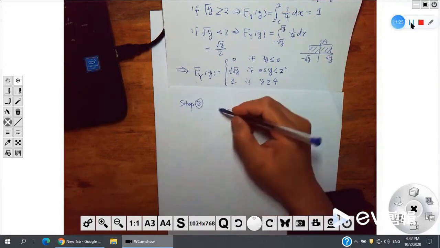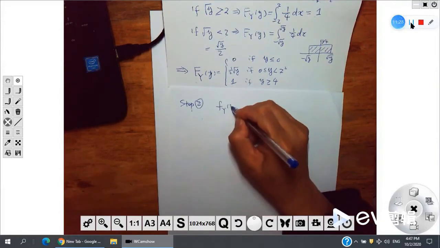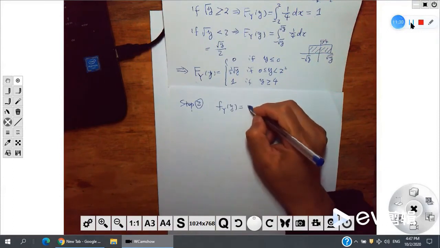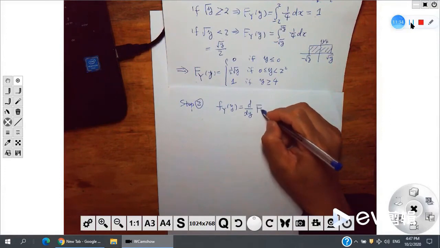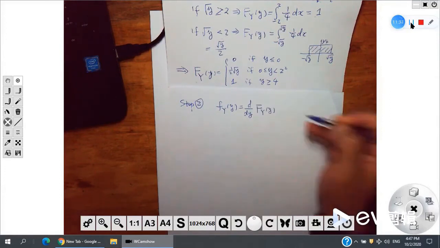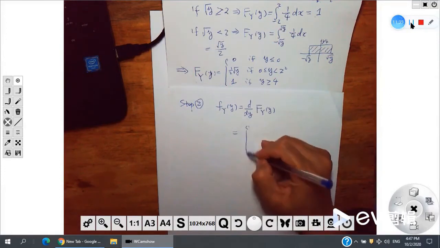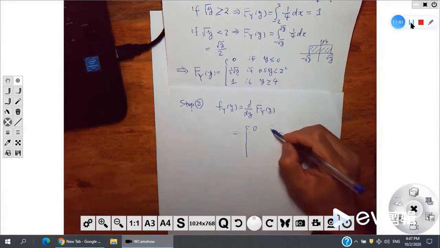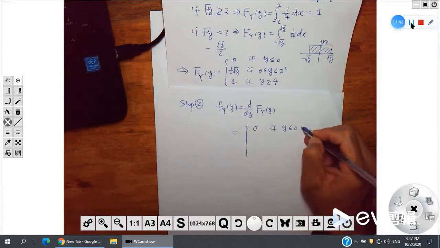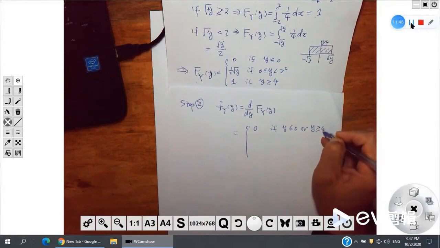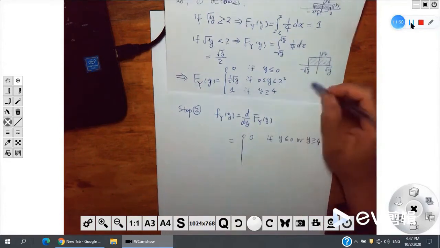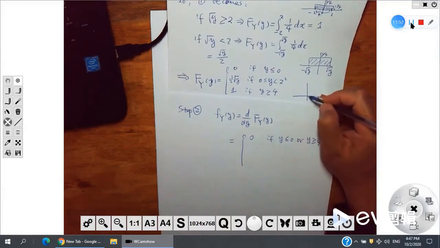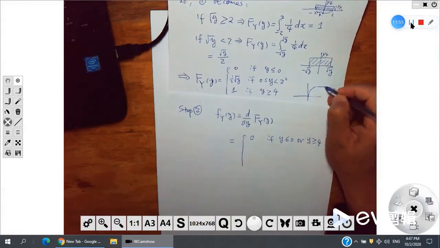Now we can have f_Y(y), that is the derivative of the CDF. It will be 0 if y is negative or y is larger than 4, right? 0 and 1, the constant. You take the derivative, that will be 0. We can have a graph of it. It looks like this way. Here's 0, here's 1.